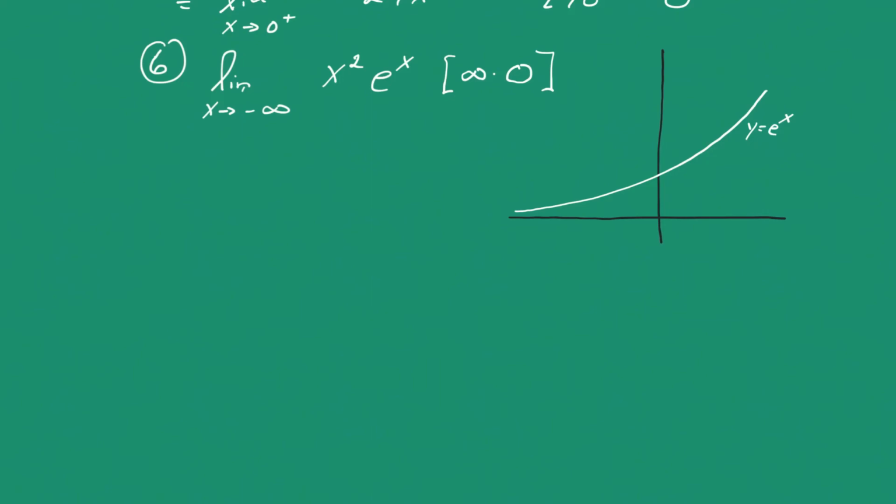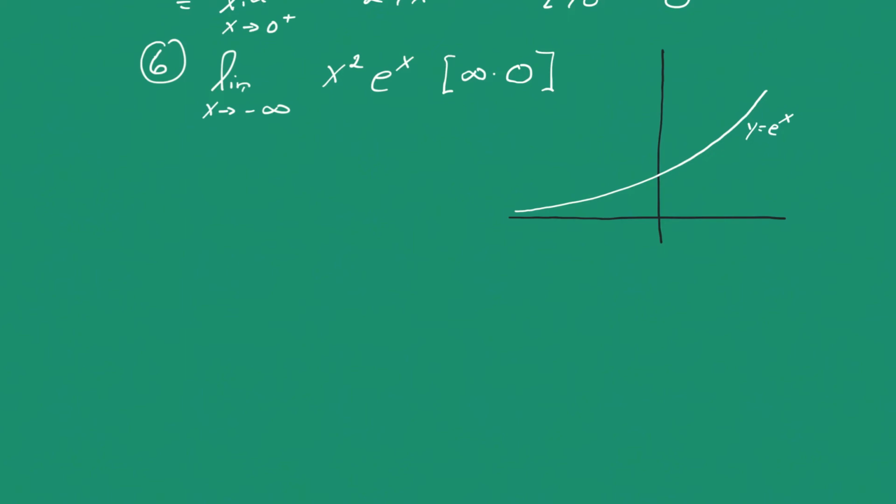Well, as before, we want to turn this into the type of limit to which L'Hopital's rule applies. So we'd like it to look like type 0 over 0 or type infinity over infinity. So we're going to use the trick that we used last time. We're going to put one of these two functions in the denominator as its reciprocal. Okay, well, which one?